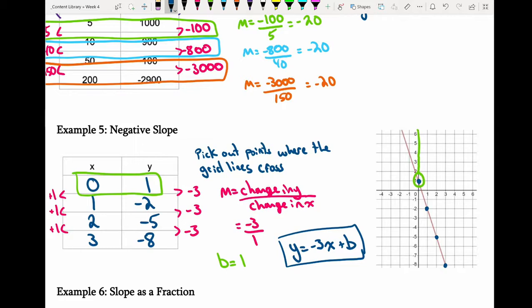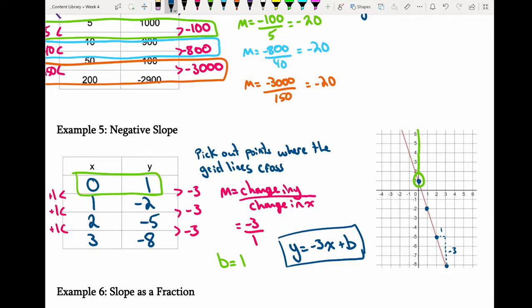Now we can also see that a negative slope decreases going down and to the left, or sorry, down and to the right. So as we go over to the right, our graph is going down. And we can see by our slope that every increase in 1x, we decreased by 3 to get to that point.